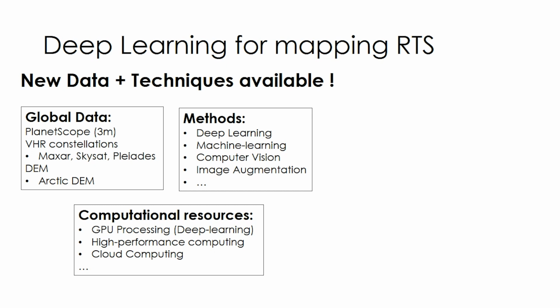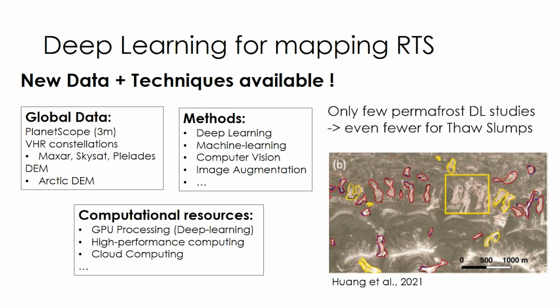And of course, increasingly strong computational resources like GPU processing, high performance computing, and cloud computing. This has spawned some new papers, although there are very few in permafrost research, and especially on thaw slumps. But for example, here from my colleague Ling Wang, who started the deep learning analysis for mapping thaw slumps, an example from Tibet.